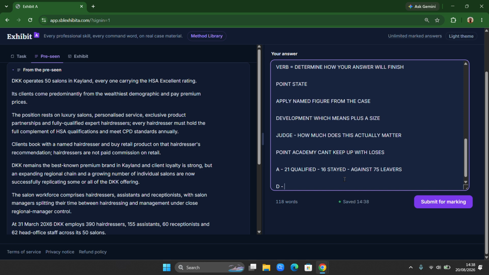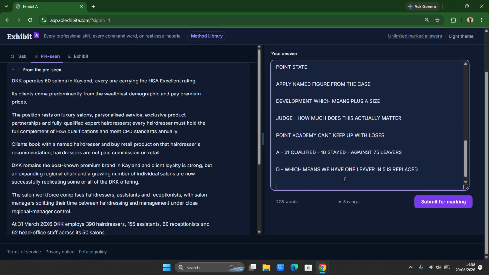Then the develop, which means 1 leaver in 5 is replaced, which obviously isn't good enough. And then the J is so it cannot close a 34 post gap. Okay, so that's 1 point, 4 moves, about 30 words or so.